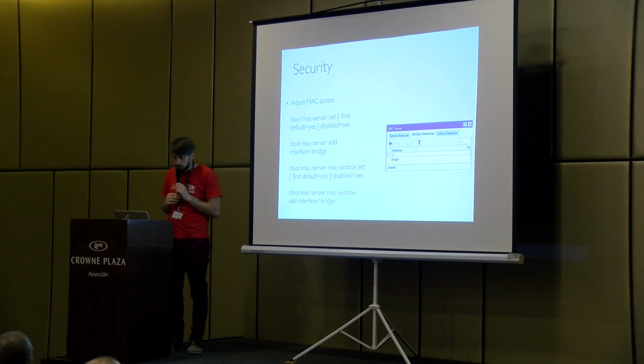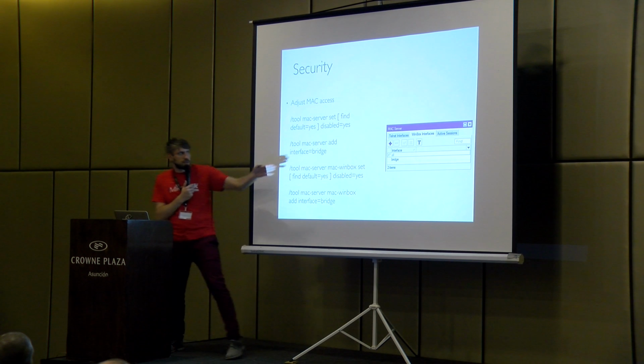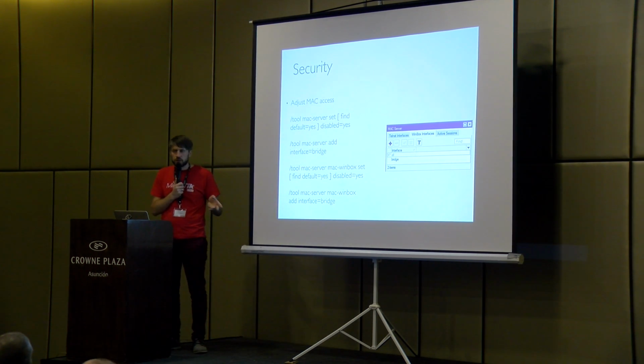There is MAC Server for Winbox interfaces, so MAC Winbox, and the same is available for MAC Telnet in the Telnet interfaces. You select the interface you want to secure, and only from that interface your router will be accessible by MAC address.